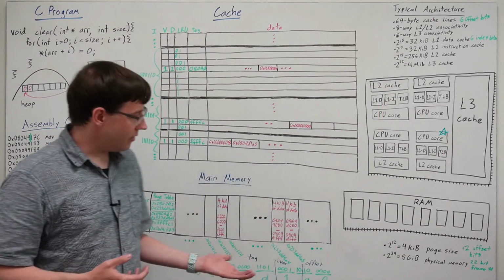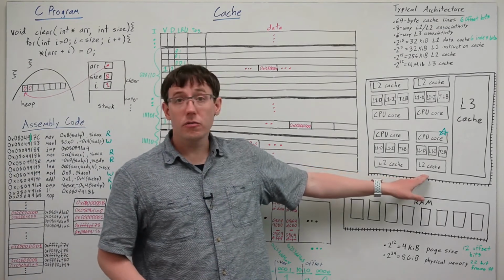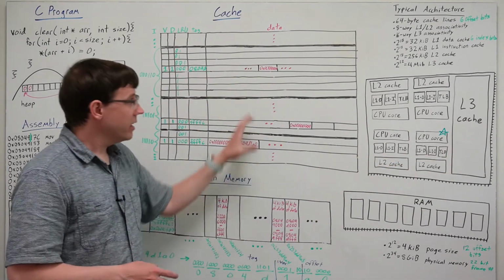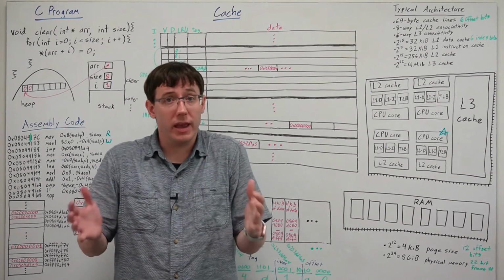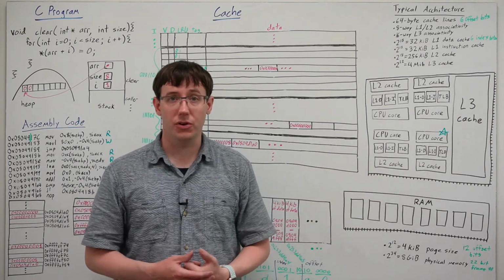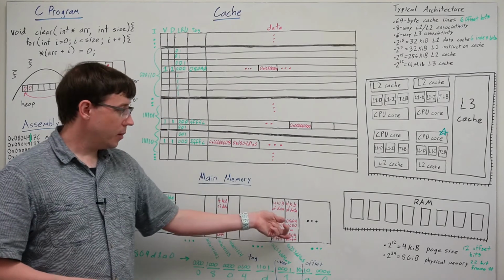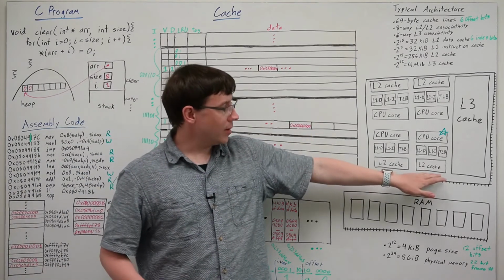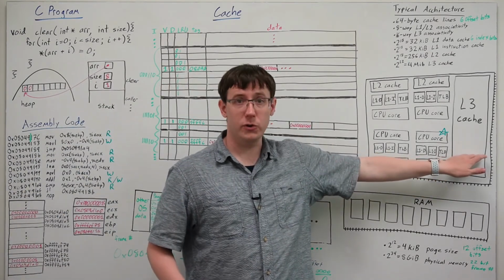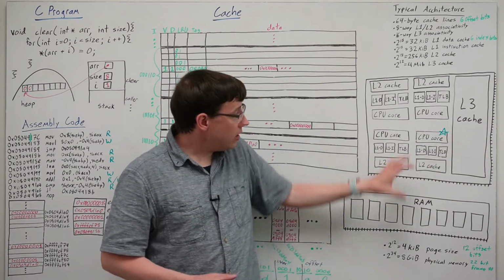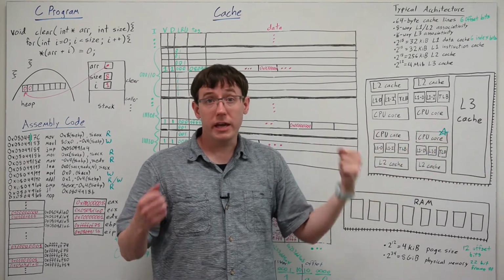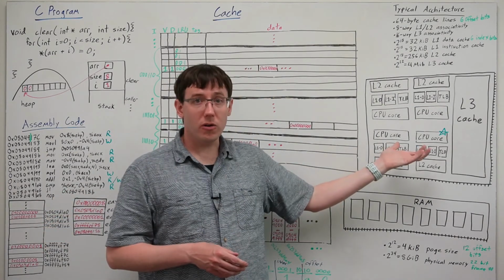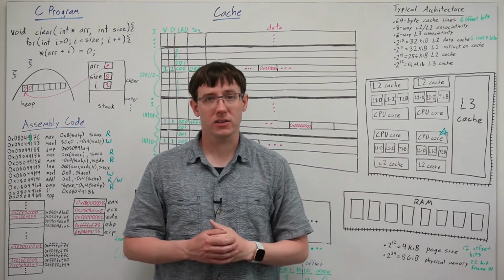Of course, all of this translation is also happening for the other levels of the cache, because we know that each level of the cache is typically storing a subset of the data at the next level down, which means that when we brought a block of data from RAM into the level 1 cache, we probably also brought that block into the level 2 and level 3 caches. And so all of this work going on behind the scenes ensures that as we step through our array, the data that we are looking for is likely to be quickly accessible.